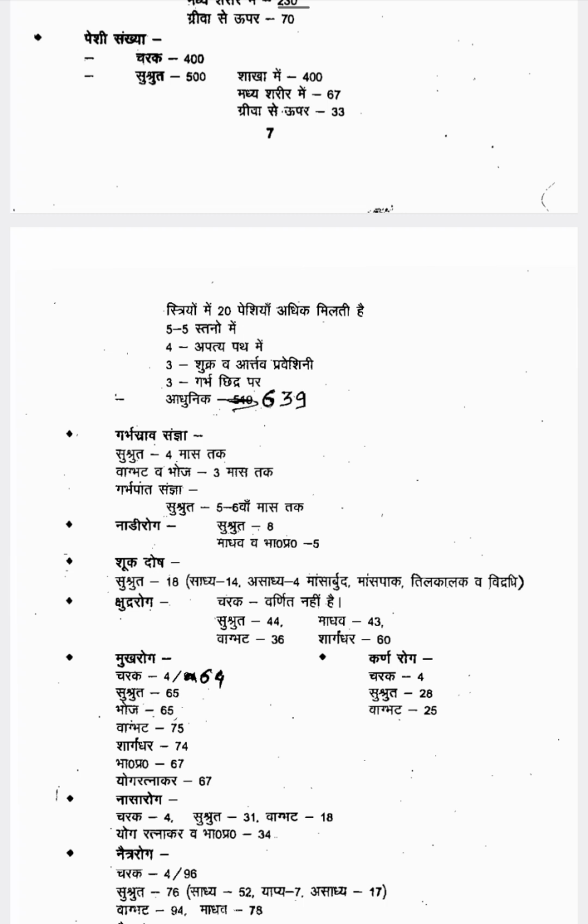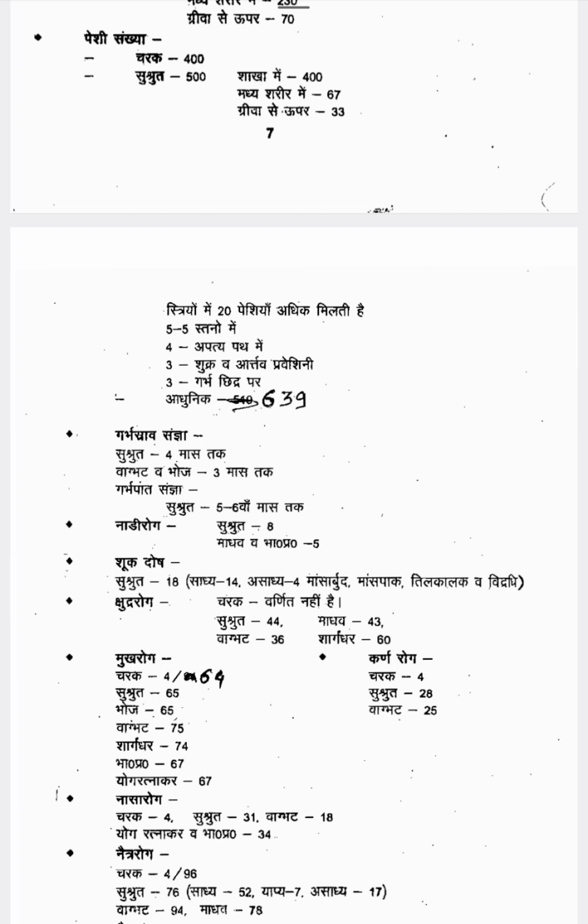Then Nadi Roga: according to Sushruta 8, according to Madhava Nidana and Bhava Prakasha 5. Then Shuka Dosha. Okay, Shuka Dosha means artificial sexual stimulants. Okay, artificial sexual stimulants, like for penis enlargement, for longer erection. In olden days they used to apply so many chemicals.